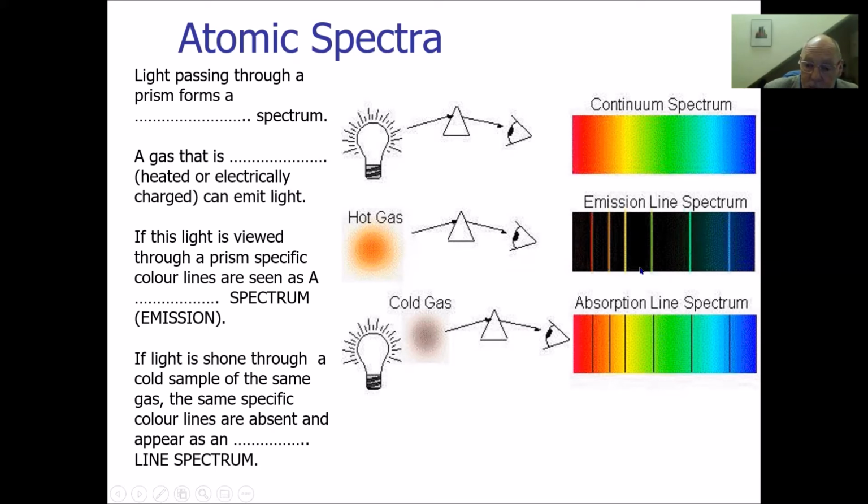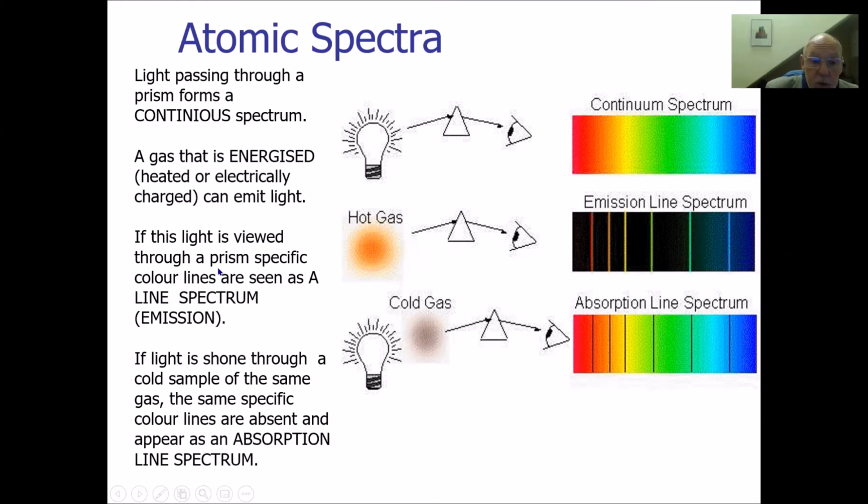The exact same frequencies, but they will not be there. The reason is that the frequencies that are emitted by a gas when it's hot are the same frequencies that the gas will absorb if it's cold. And that we call an absorption line spectrum. Again, these would be the specific lines corresponding to that gas's fingerprint, if you like.